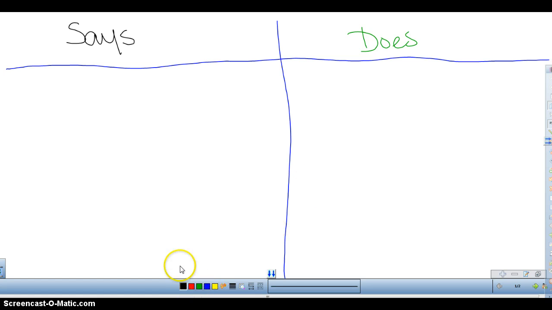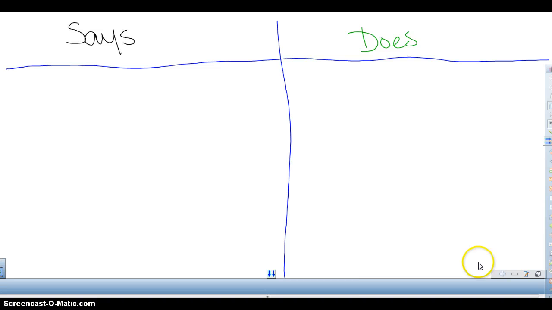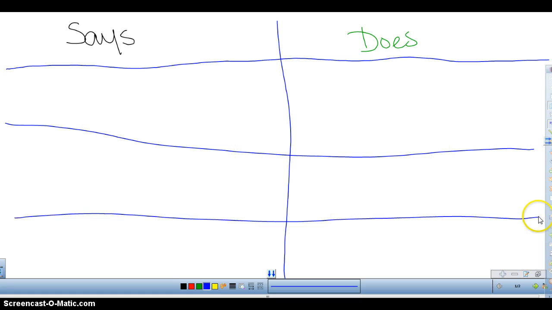Okay, when we did this, we looked at what the author says. So at the very beginning of our first paragraph, our author's main idea was Vi and that she had a strong connection to both countries. Okay, so what I will have here is my says and does divided by paragraph. So this is what we call charting.